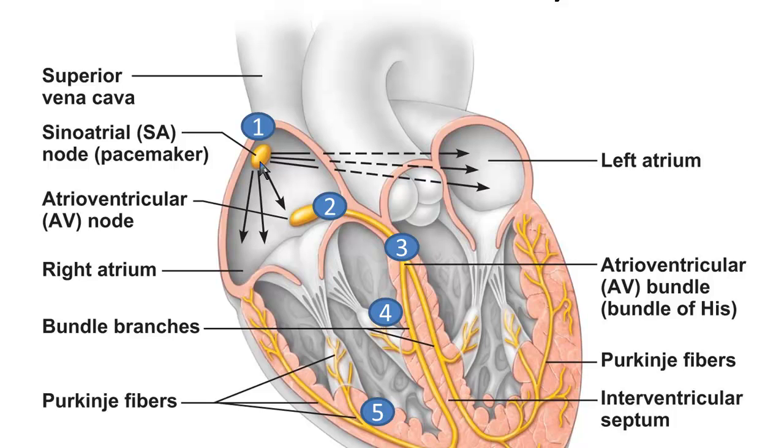However, if the SA node would become dysfunctional, the AV node has the next fastest rate, and that one would take over. If that becomes dysfunctional, then the bundle of His and the bundle branches would take over, but that's a slower rate. And the Purkinje fibers on the sides of the heart also could take over the heart rhythm, but again, it's at such a slow rate that wouldn't allow for very good heart function.